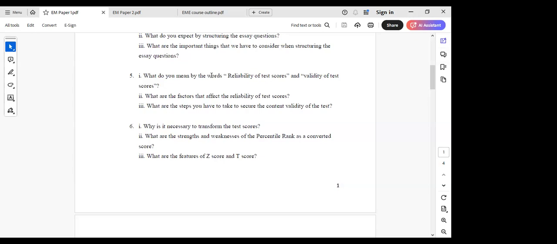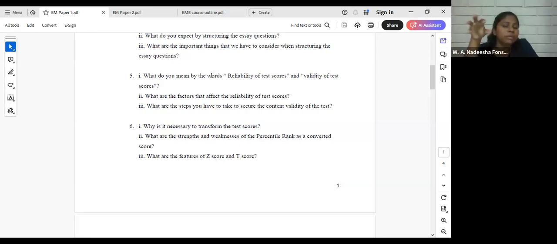Weaknesses. Internal information is not interpreted in percentile rank. It means if you are asked to find the percentile rank of 30, you give the answer as the percentage of students who got 30 marks or below 30 marks.